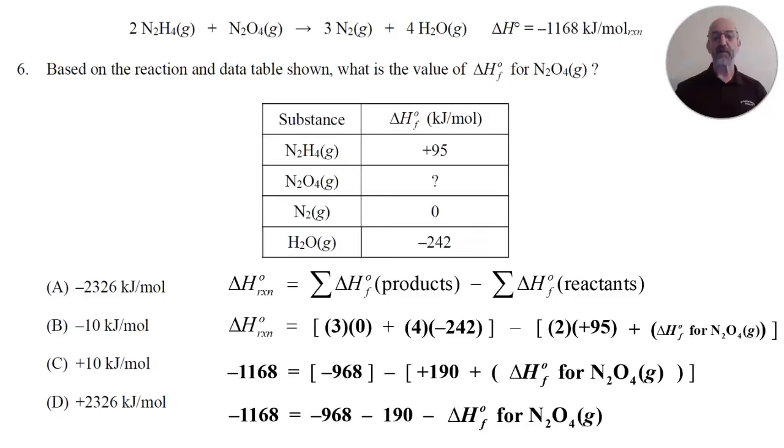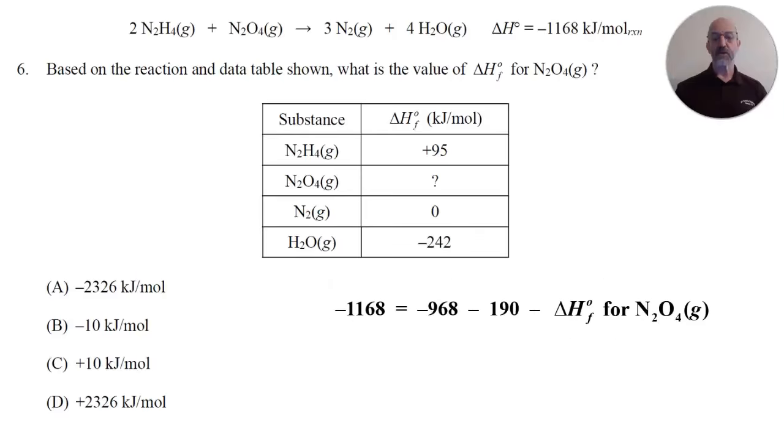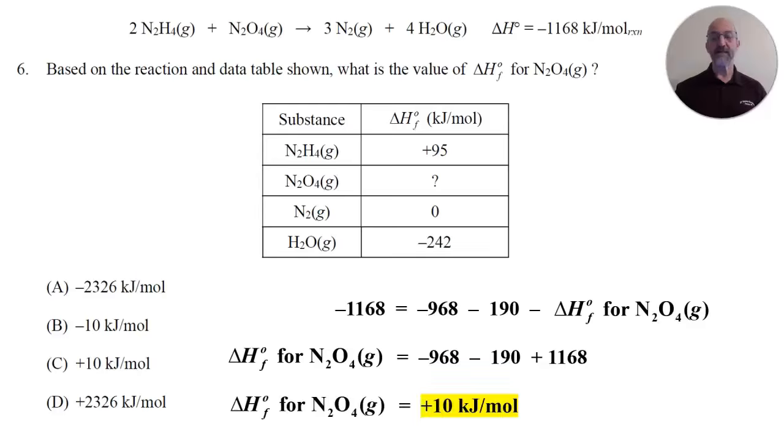So the next step in the process is to solve for the value for the enthalpy of formation for N2O4. And when I do this algebra, I get negative 968 minus 190 and then plus 1,168. So my final answer when I do this algebra correctly is positive 10.